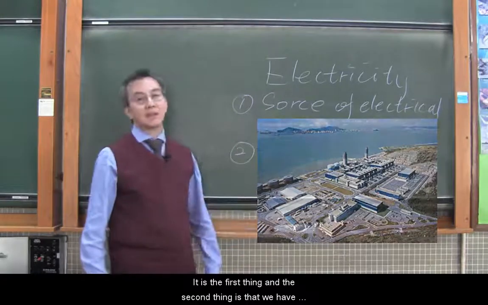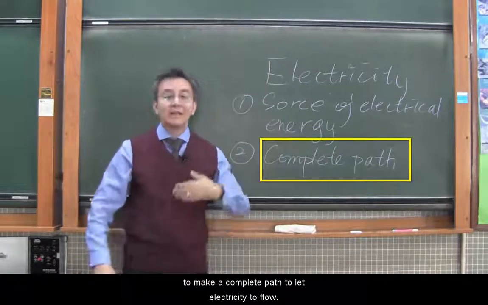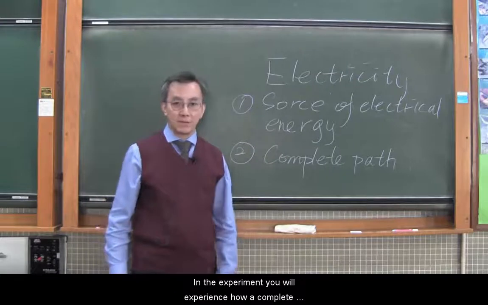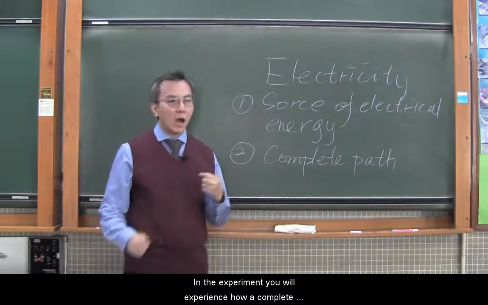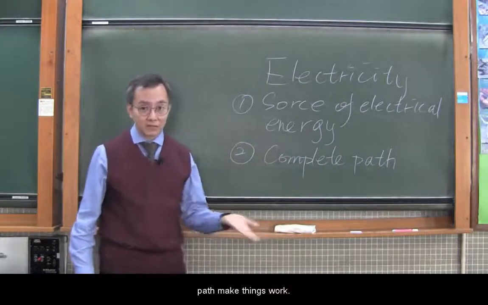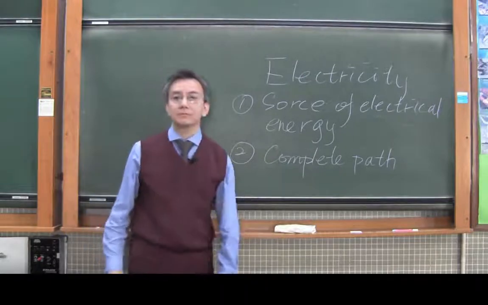And the second thing is we have to make a complete path to let the electricity flow. Later in the experiment, you will experience what a complete path is, how to make things work, etc. Okay, so let's start.